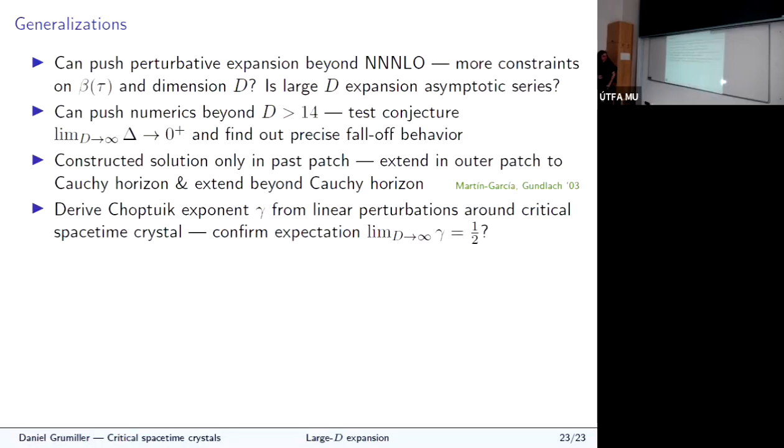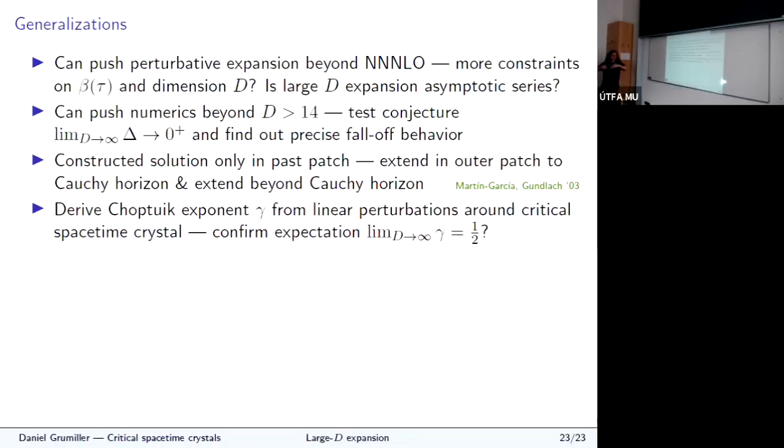Another open task is to derive the Choptuik exponent gamma from linear perturbations around the critical spacetime crystals. This is how you get generally the Choptuik exponents. You take the critical solution, you analyze the linear spectrum of perturbations around the critical solution. You find one unstable mode. You calculate the Lyapunov exponent numerically, and the inverse of the Lyapunov exponent is exactly this critical exponent gamma.